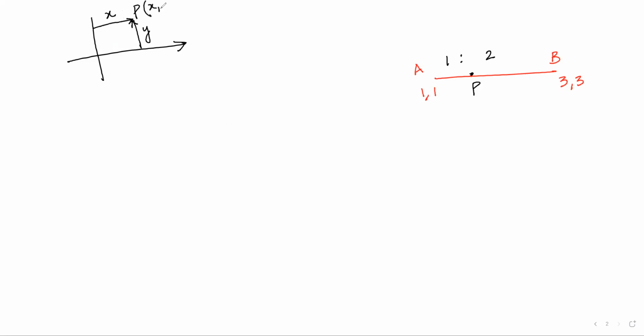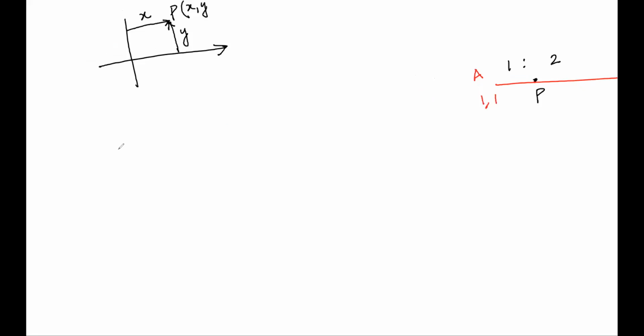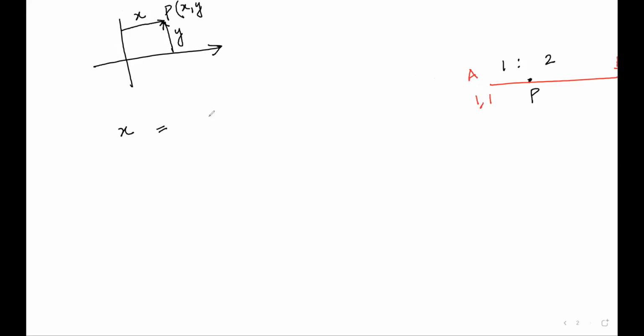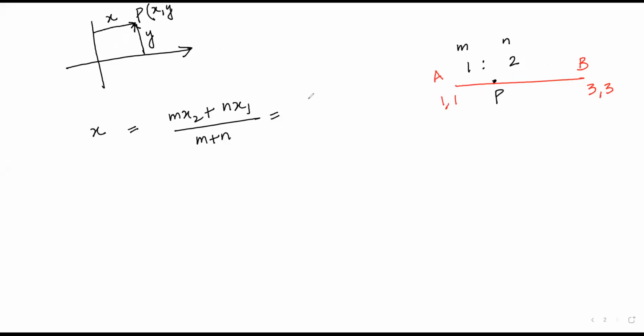So we say together it is x, y. So according to section formula, x is equal to m x2 plus n x1 divided by m plus n. Here m is 1, n is 2. Right, students? So x will be what? m into x2, that is 3, plus n into x1, that is 2, divided by 2 plus 3.